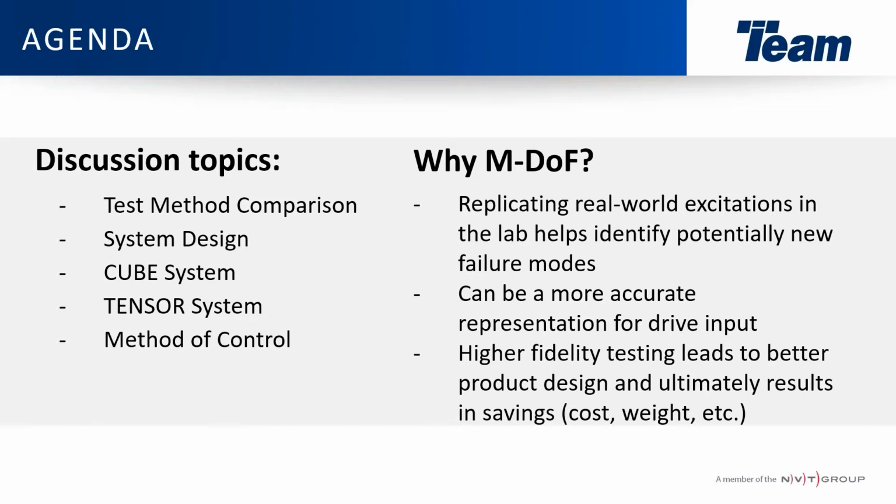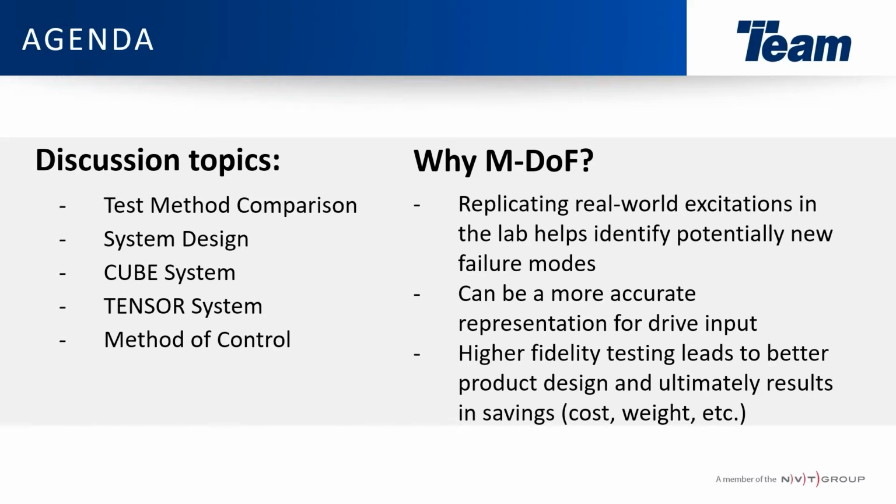To answer the question, mostly the goal today is why do we want to go into multi-degree of freedom testing? Replicating real-world excitations that you see in the real world is important to replicate in the lab. Mainly because I potentially could identify new failure modes to products.